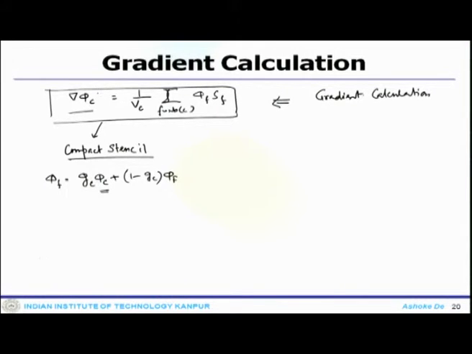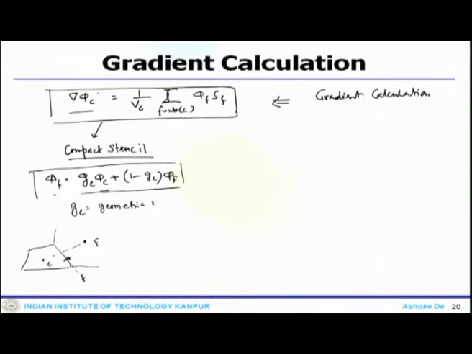So, essentially if you quickly have a diagram, a particular cell, this is C, what we are interested in, and this is F, and this is the connecting line between C and F. And this is the face F. The face values are interpolated using this formula, and G c is nothing but your geometric weighting factor.